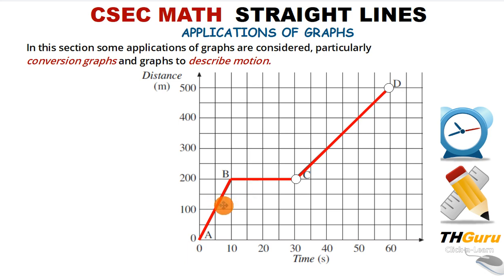The gradient at any point along this line here is 0, so the car is not moving, the car is stationary. So that's how you can use a distance time graph to determine the gradient, the speed, on any occasion.